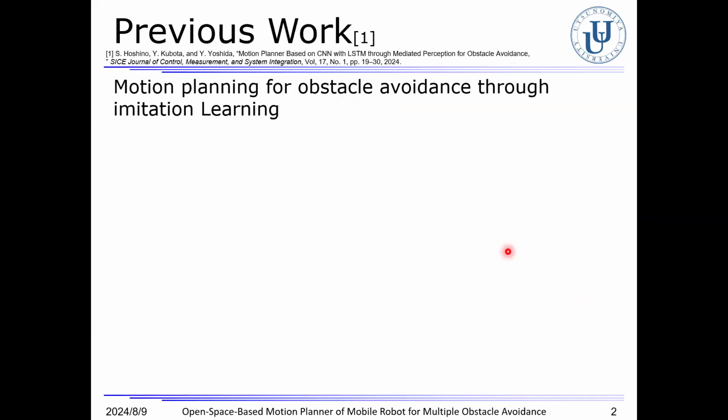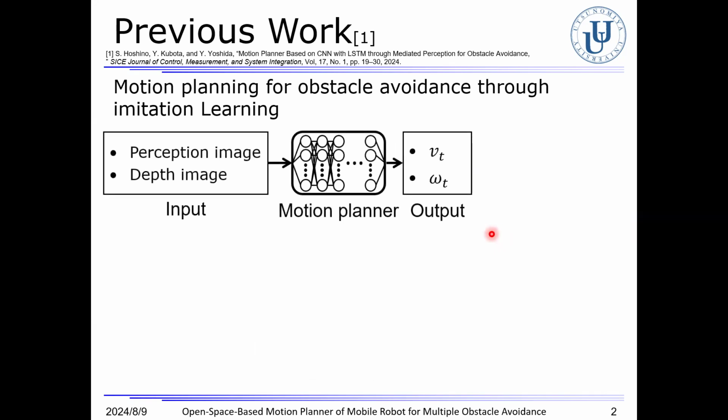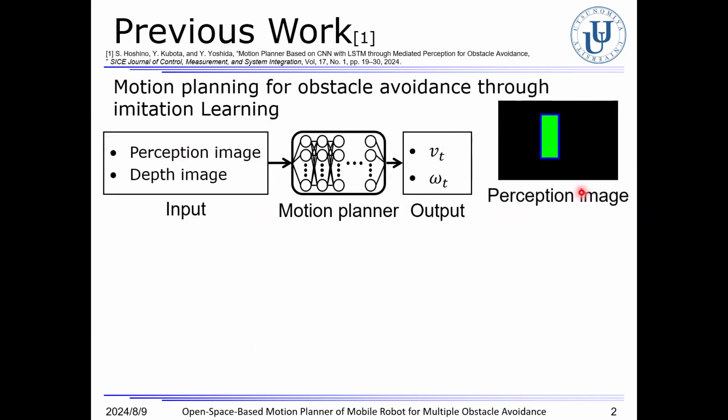In previous work, motion planning for obstacle avoidance has been proposed through imitation learning. Motion planning is to determine the following outputs for sensor inputs: linear velocity and angular velocity. The input to the motion planner is perception images and depth images. This figure is the perception images, and the perception images were generated through object detection.